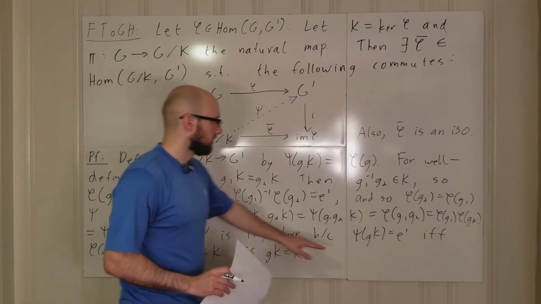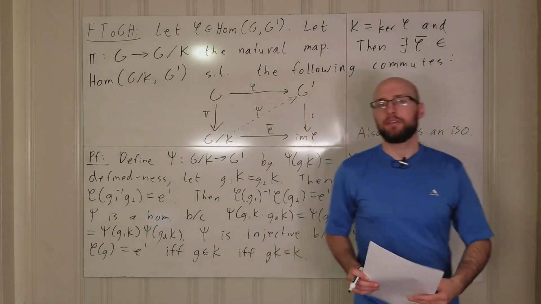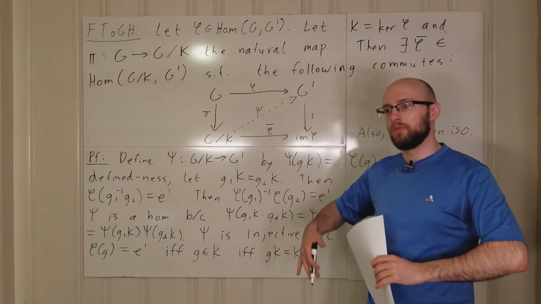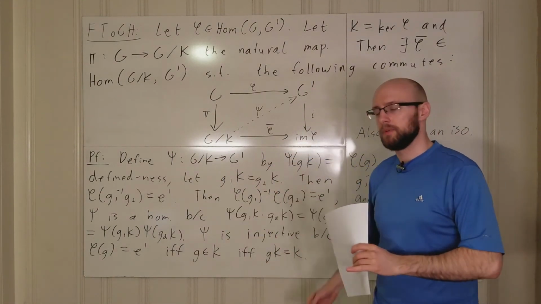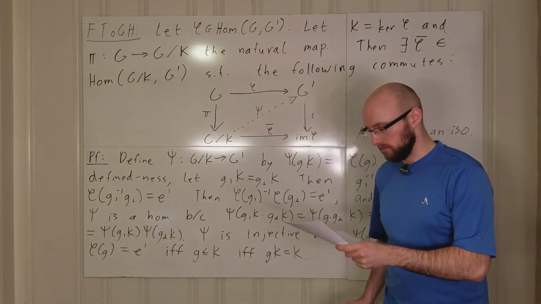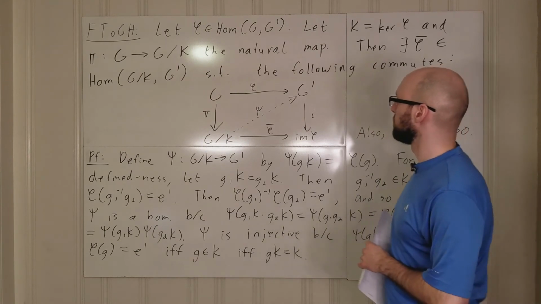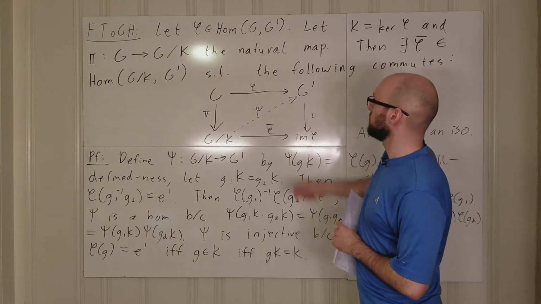So the zero element is the only thing that goes to e prime. And here the zero element is the whole subgroup k, because it's the kernel. So gk equals k. Okay, so psi is an injective map.